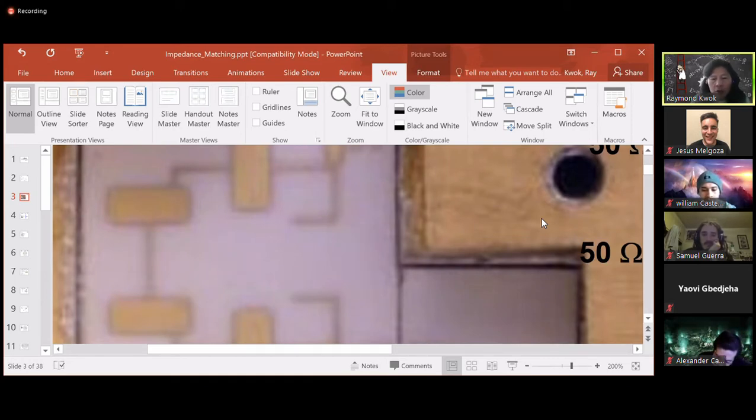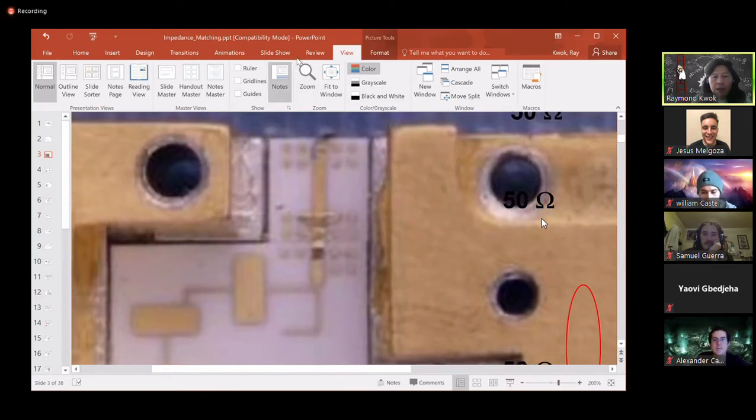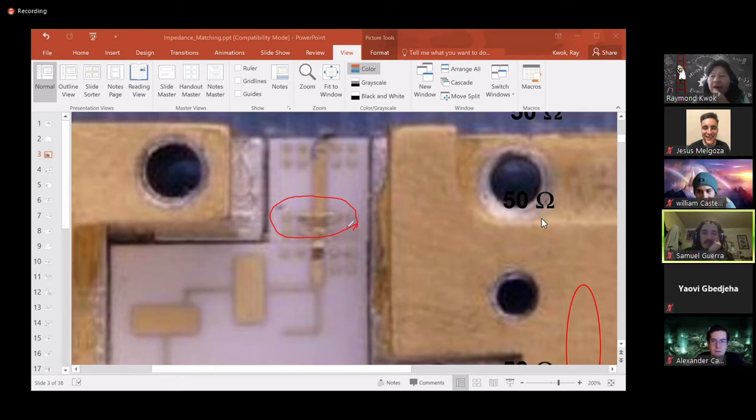Okay, so by looking at this, do we know, for example, whether this stub is open or short? So what do you think this is? Is that an open stub, a short stub? Is that a shunt stub? Is that a series stub? It looks like it's shunt. Is that open or short?